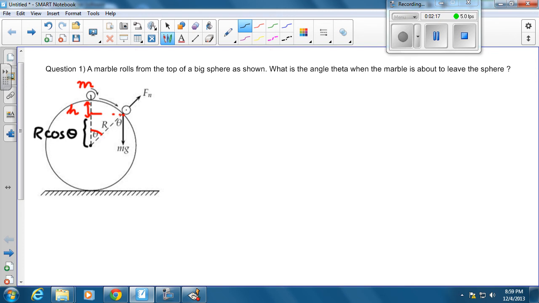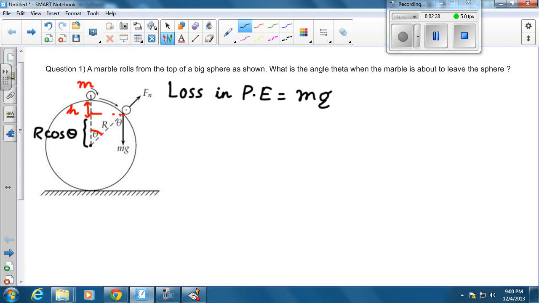So we would start with the loss in the potential energy. That gives you mass times gravity times the height, and that's the loss in the potential energy.